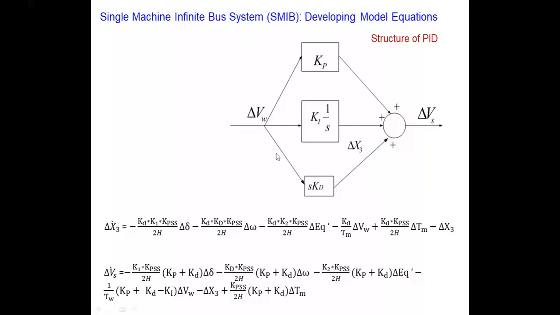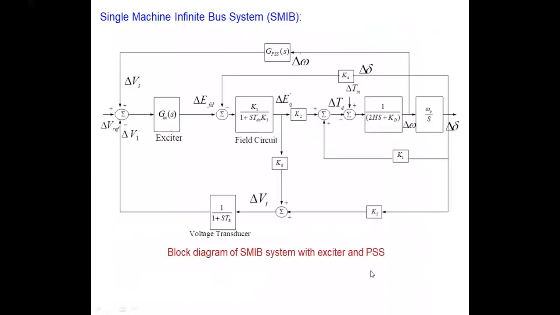And as such, you may have a few more state variables here. So X3 and then dial VS in this form. So you have it here. And then you get the complete block diagram representation for SMIB.